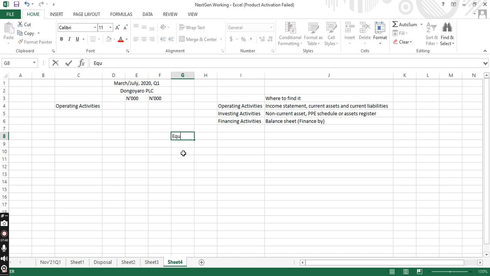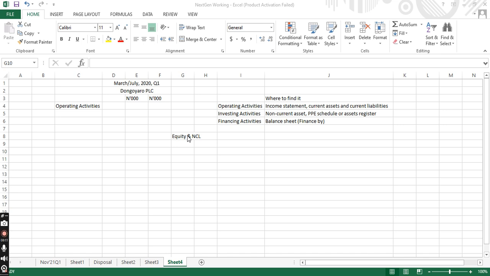So we have equity, we have liability. Equity and non-current liabilities are together. Do you understand? Your equity and non-current liabilities are together, right?